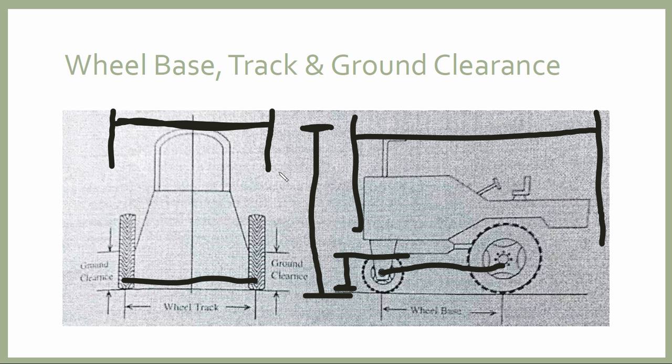So these three categories are given as the total length, total width, and total height. Otherwise it can be defined by these three names: the wheelbase, wheel track, or the ground clearance.